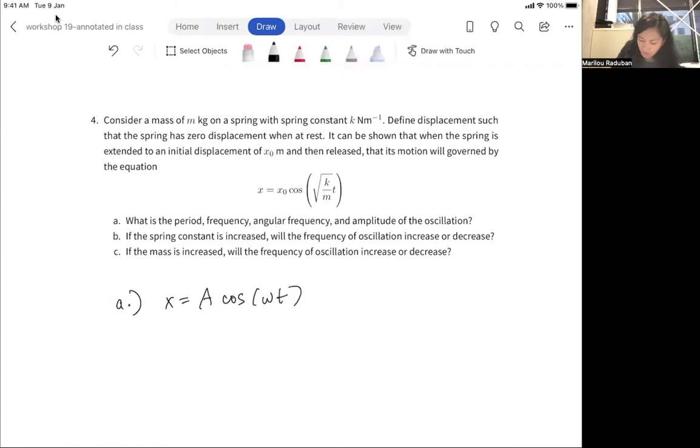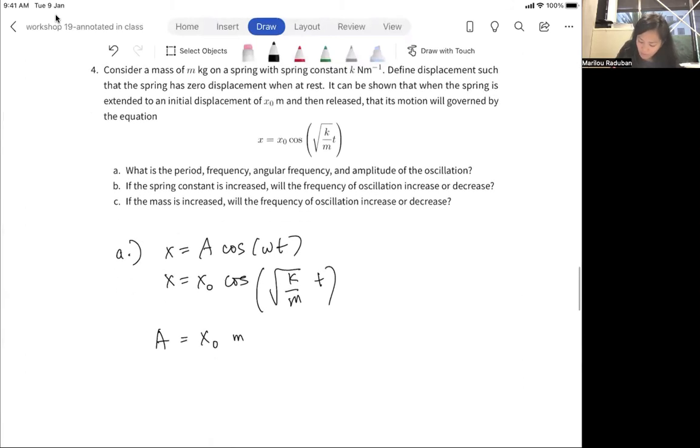So comparing those two, we can pick out that the amplitude is equal to x0 meters. Omega is equal to any number that's in front of time. So that's square root of k over m.